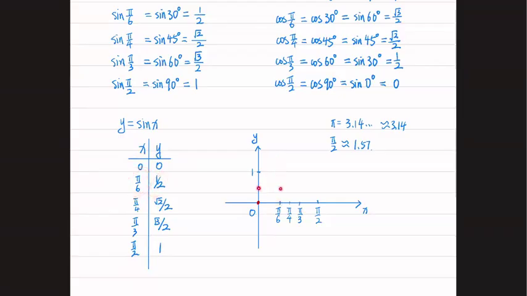So a half will be somewhere over there. Next one, pi over 4, because this is bigger than 1/2, smaller than 1. Slightly bigger. And at 1. The 5 points. We connect them with a smooth curve.